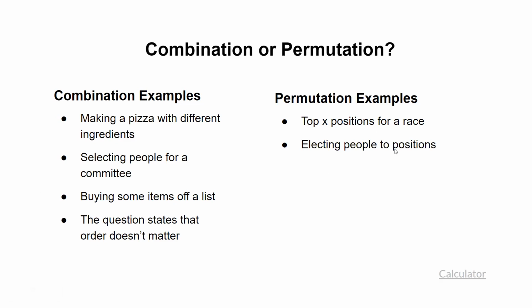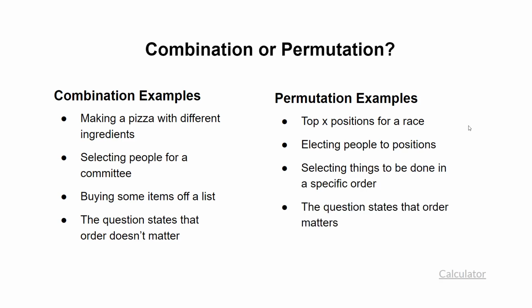Electing people to specific positions like president and vice president and treasurer. We can think of that as a situation where the order that they were selected is for a particular position. Selecting things to be done in a specific order, like an instruction list. And the question may actually state that order matters.